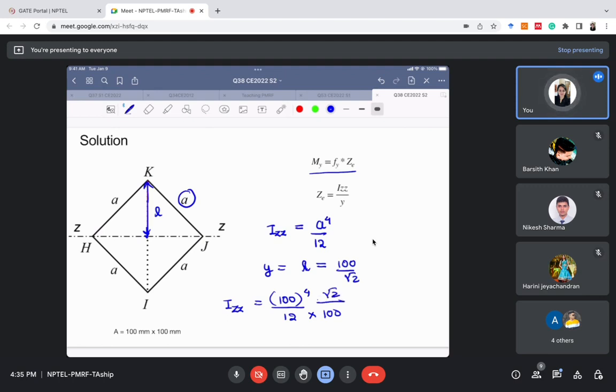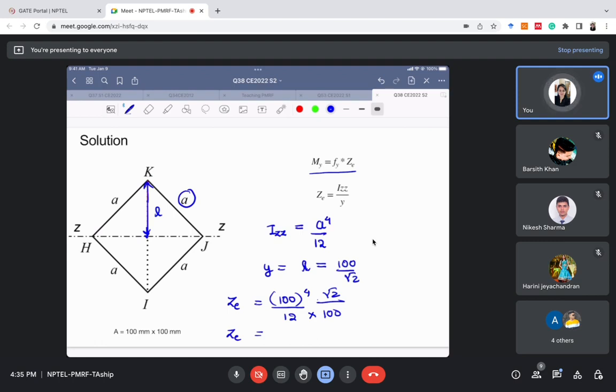Okay, so what is the value of Ze we are getting? Sorry, not Izz, it is Ze. So what is the value of Ze we are getting? Please use your calculators to find the value of Ze in this case.